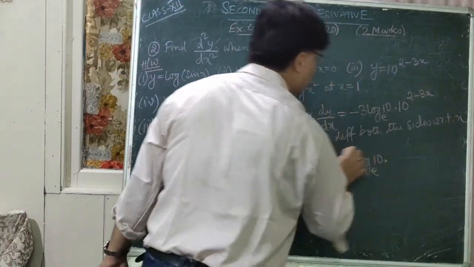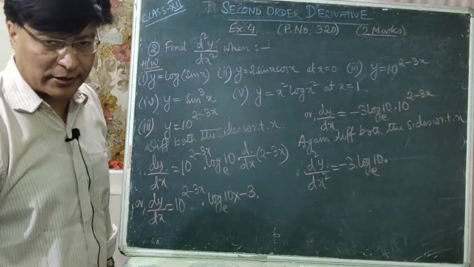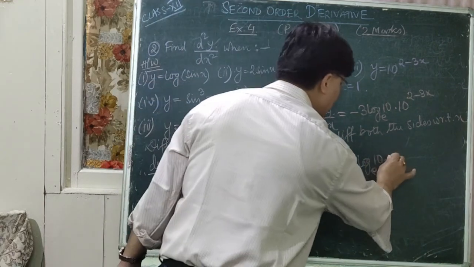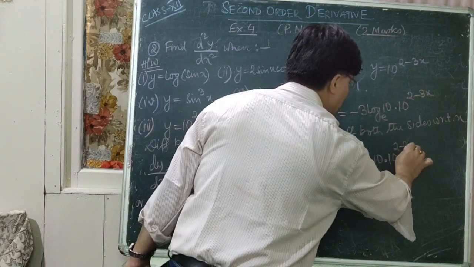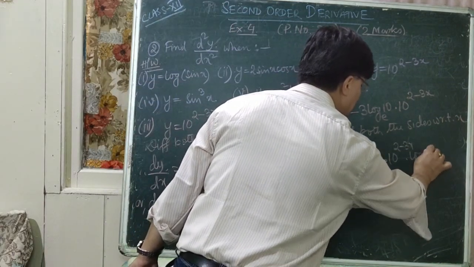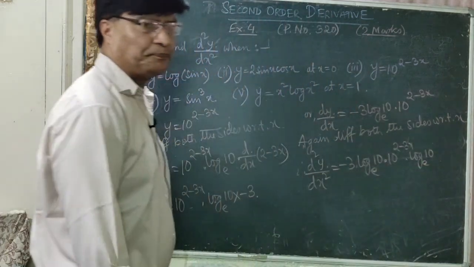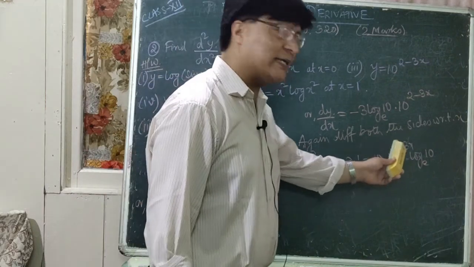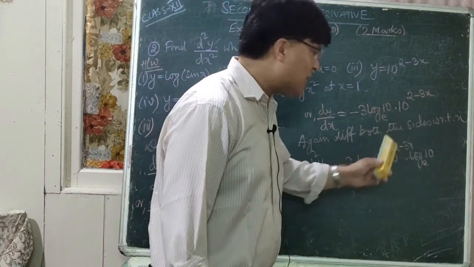Now again you have to differentiate 10 to the power 2 minus 3x. So you should take it as a to the power x. What is the differentiation of a to the power x? A to the power x into log a base e. But in this case, a here is 10 and x is 2 minus 3x. So here x is taken as 2 minus 3x.